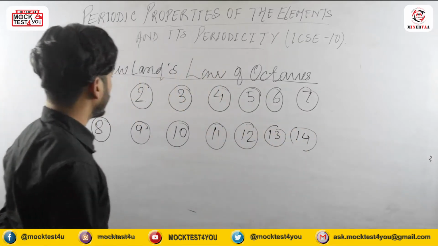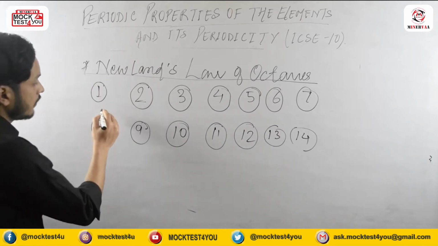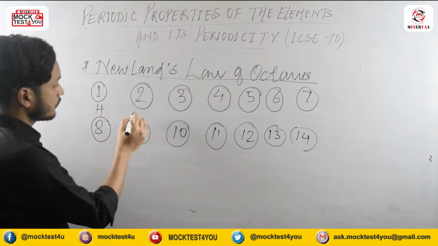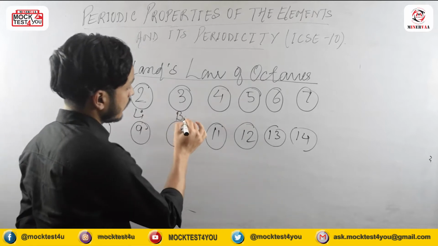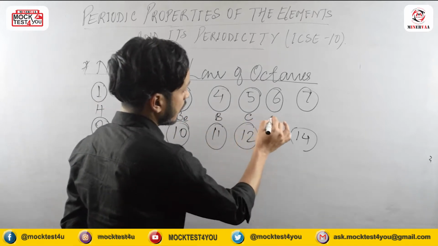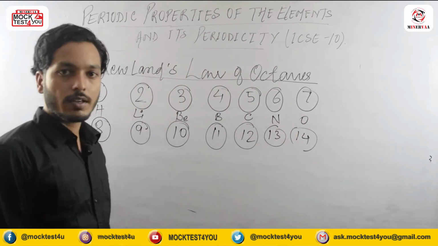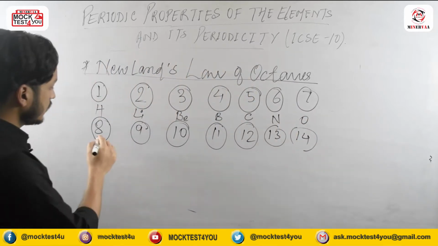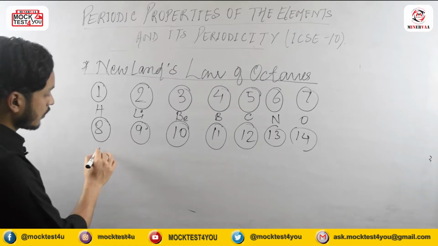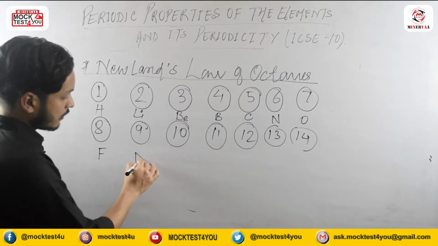So we will see what those elements are. First we arrange them like this: hydrogen, lithium, beryllium, boron, carbon, nitrogen, oxygen. After oxygen comes fluorine, and after that sodium.